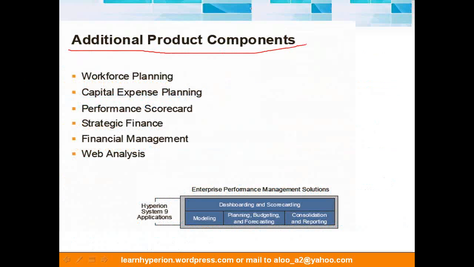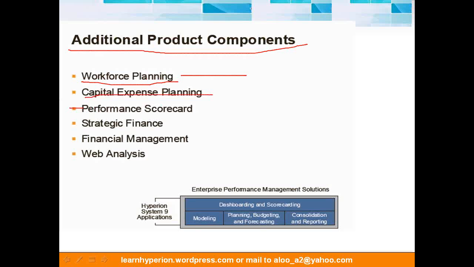Additional components. I just said Hyperion comes with built-in solutions. If you want to implement Hyperion Planning in your HR application, we have a built-in solution called Workforce. If you want to implement Hyperion for profit and loss statements, asset and liability management, infrastructure management, we have a built-in solution for capital expense planning.